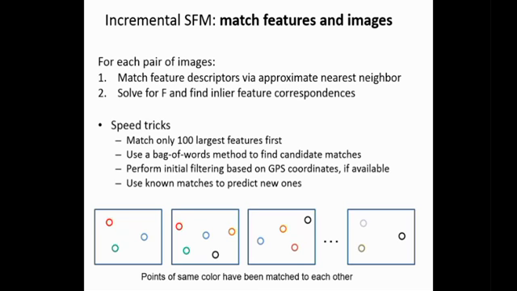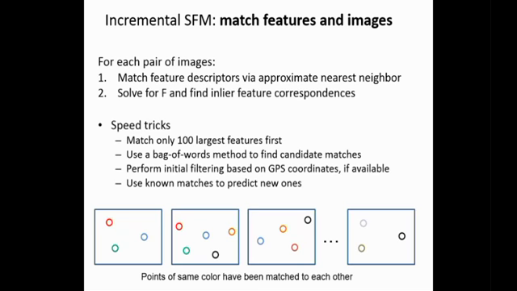And so if you just match the largest 100 features in each pair of images, and then require that you have at least 4 matches between them, then you can quickly find candidates. It only takes about 50 milliseconds to do that versus 2 seconds for full matching.